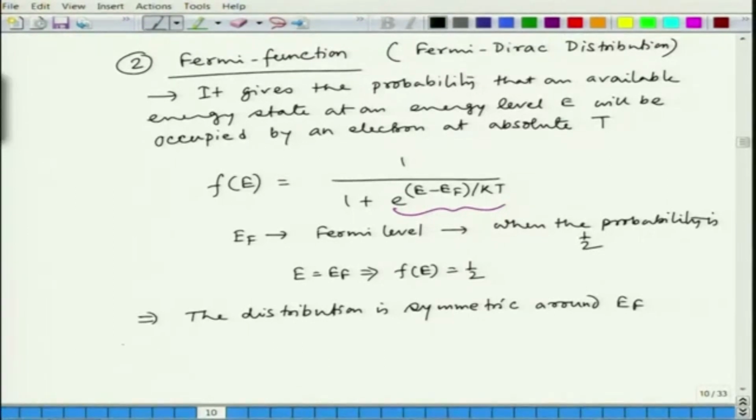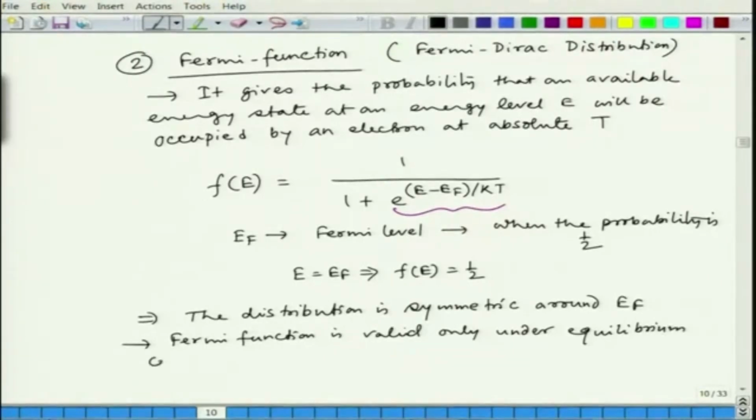Okay. Now, the Fermi function is valid only under equilibrium condition. Okay. So, when there is no energy source or sink affecting the band structure, then the Fermi function is applicable.